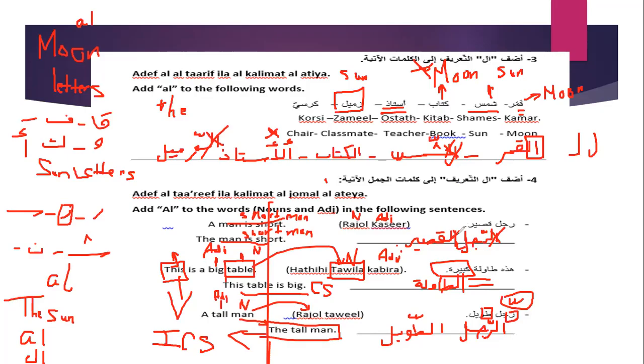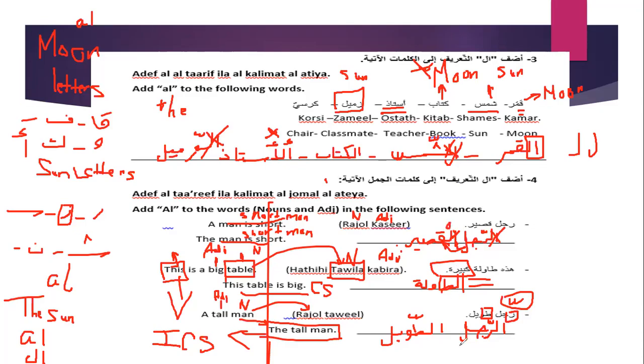So رجل القصير, okay? رجل, this I deleted because we have a sun letter. رجل, and after it we have a word that starts with al, so we have to connect both words together by connecting the last letter of this word to the second letter of this word, to al. But because we are connecting them together, we need to delete this, so it becomes ar-rajul al-qasir, okay?